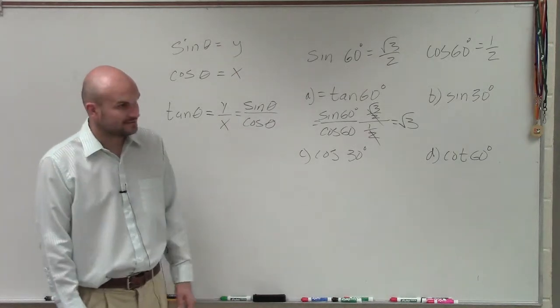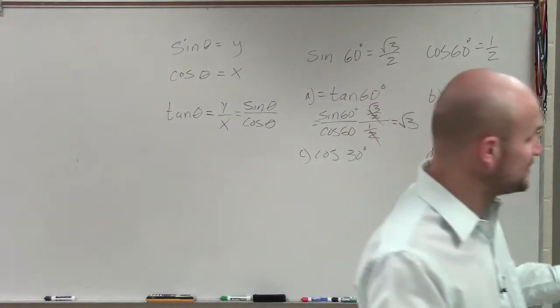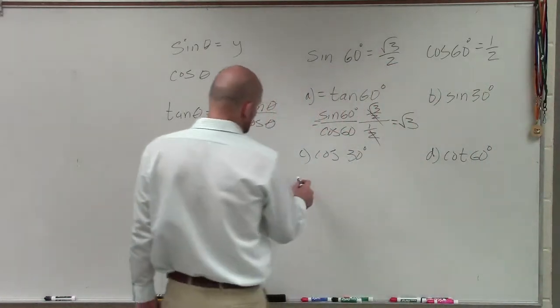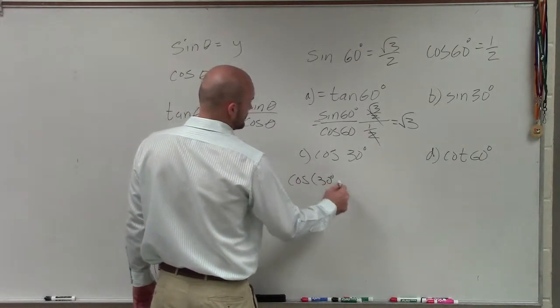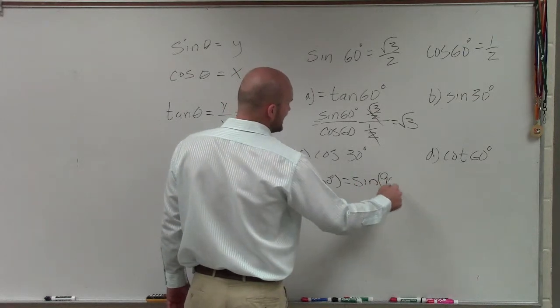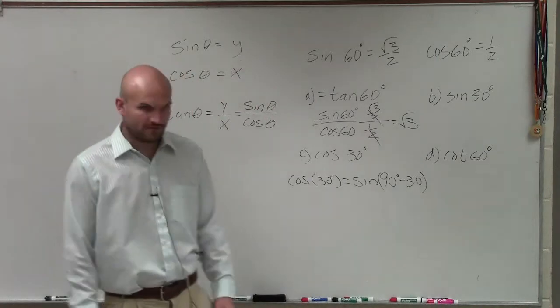For number C, I know I spent the whole time going over cofunction identities with you guys. So Charlie, you need to make sure you understand that cosine of 30 degrees is the same thing as the sine of 90 degrees minus 30. Do you remember the cofunction identities?